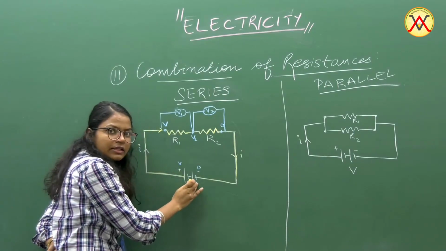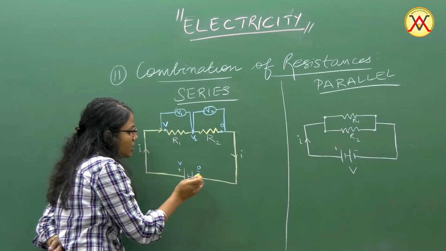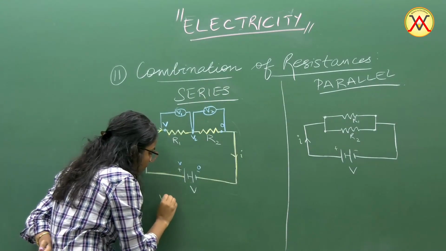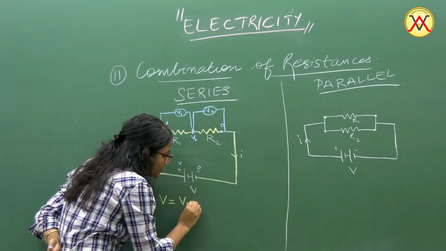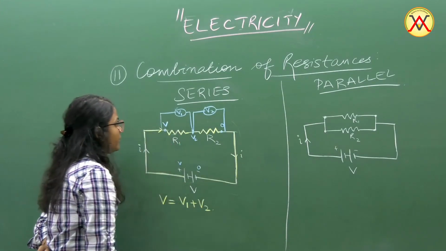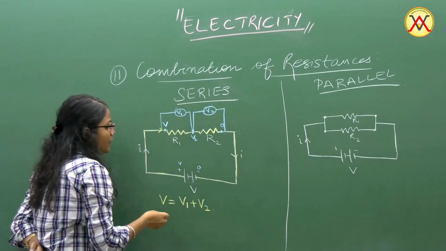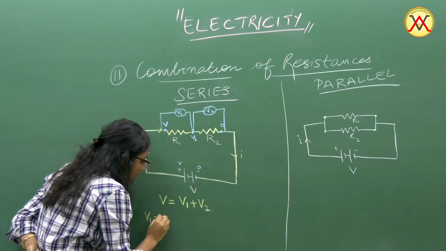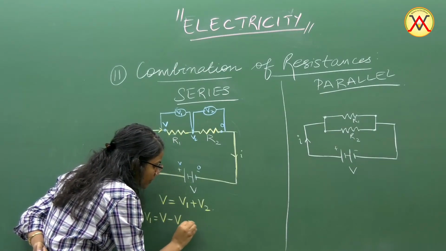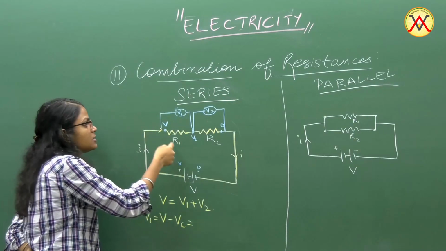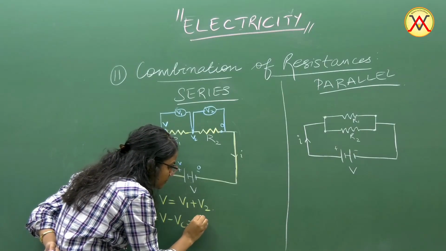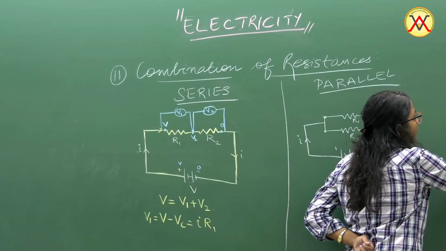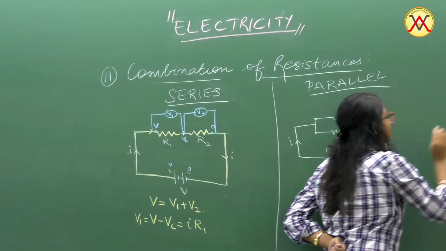This total V, that is this total potential energy, is being divided into these two, V1 and V2. So V equals V1 plus V2. Let's see what V1 would be. V1 equals V minus Vc, which is basically equal to current into our resistance, by our first Ohm's law. Okay.